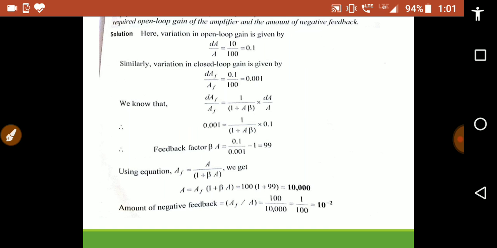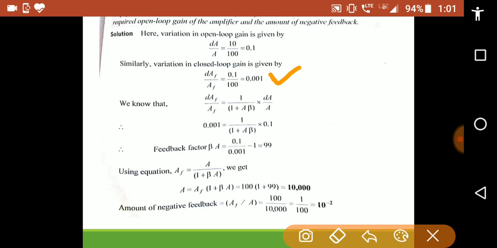So dAF by AF equal to 0.001 and dA by A equal to 0.1. So 0.001 equal to 1 by 1 plus A beta into 0.1.